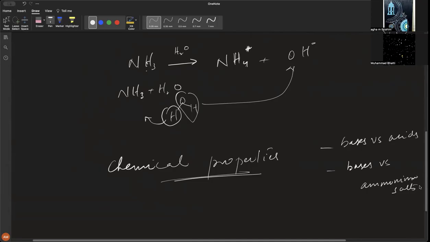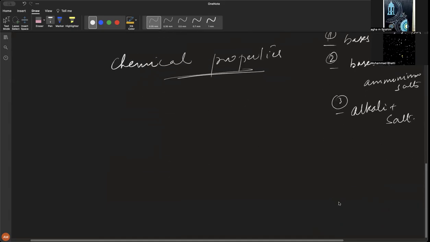And another one, sorry, alkali versus salt. These are basically three reactions that we are going to be studying in the chemical properties.